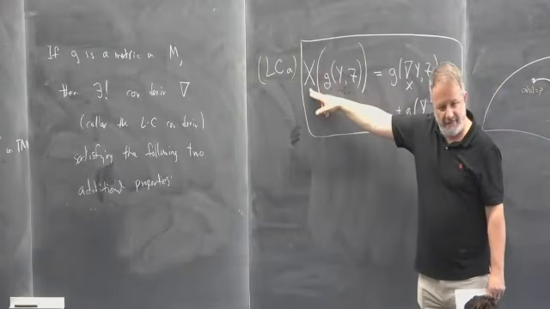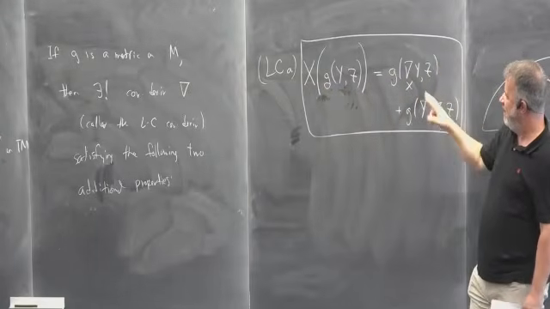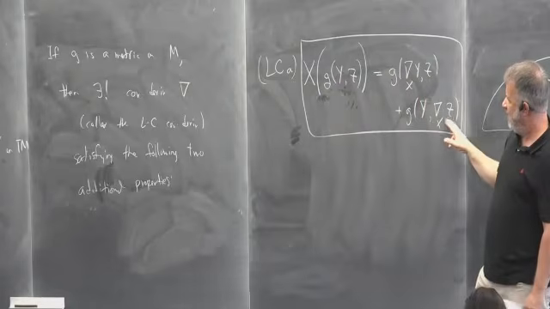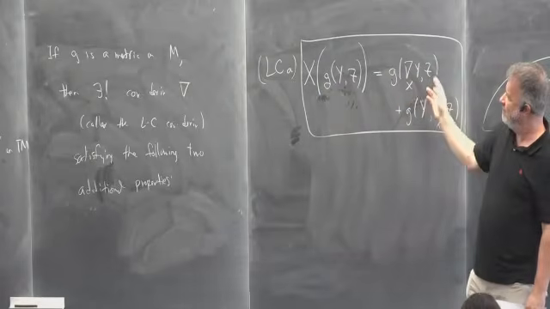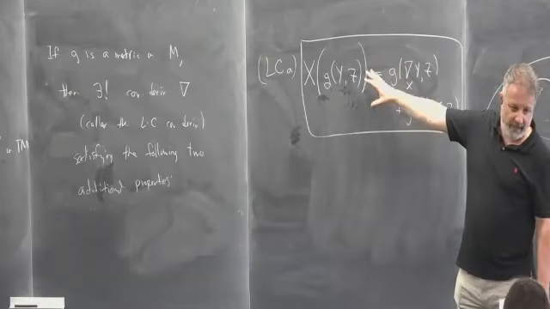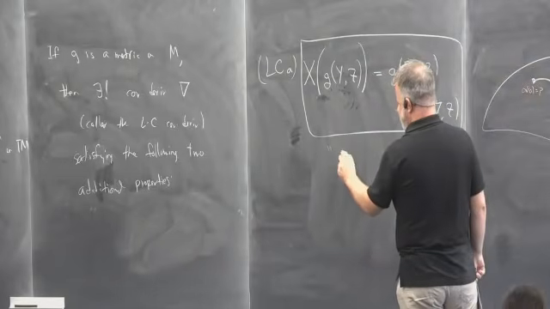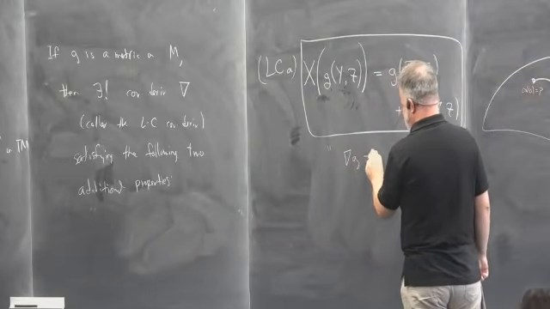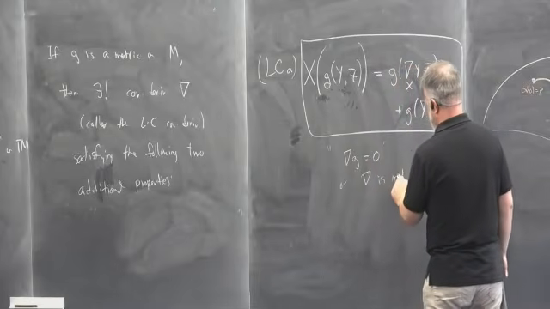So if I'm differentiating that function, there should be things involving derivatives of Y and not g or Z, things involving derivatives of Z and not g or Y, and there should be another term where I don't differentiate Y or Z, but I do differentiate g. And what I'm saying is that I don't want that term to be there. So this is saying nabla g is 0, or nabla is metric compatible.